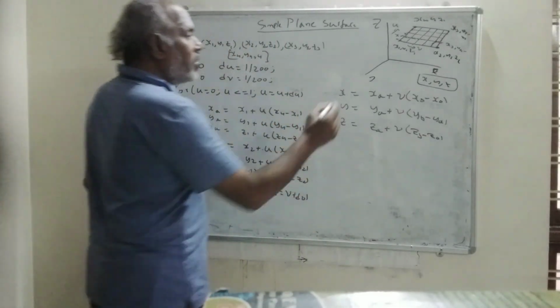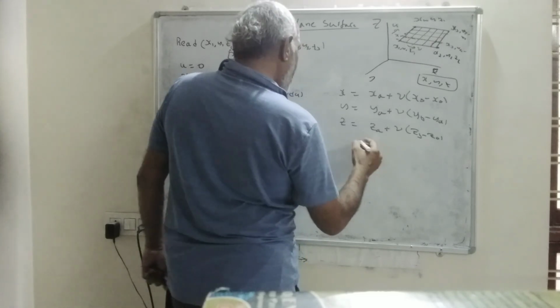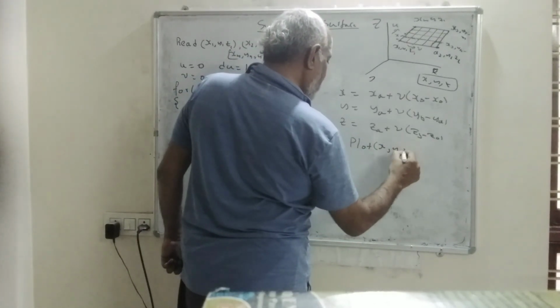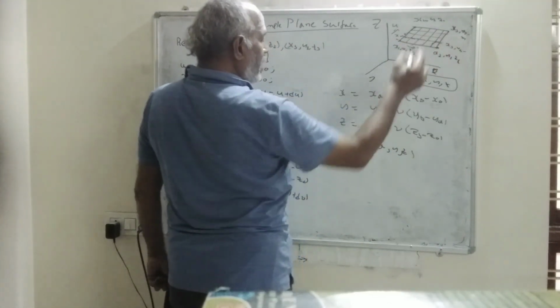So I have found one point over here. Now plot x, y and z. I am determining a point in the plane and plotting that.